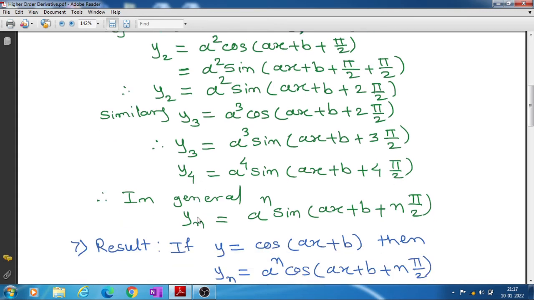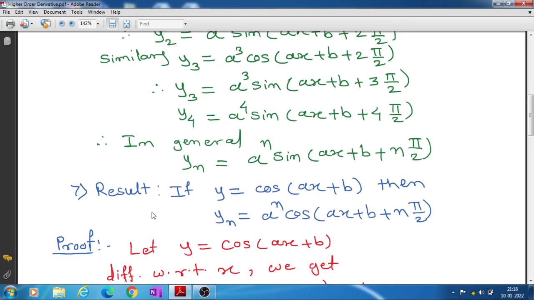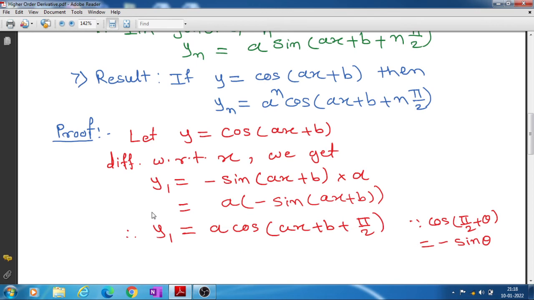From this we can write the general formula for the nth derivative as yn = aⁿ sin(ax + b + nπ/2). For the fourth derivative there is 4π/2, so for the nth derivative there must be nπ/2. In this way we find the nth derivative of sin(ax + b), and similarly we can find the nth derivative of cos(ax + b).